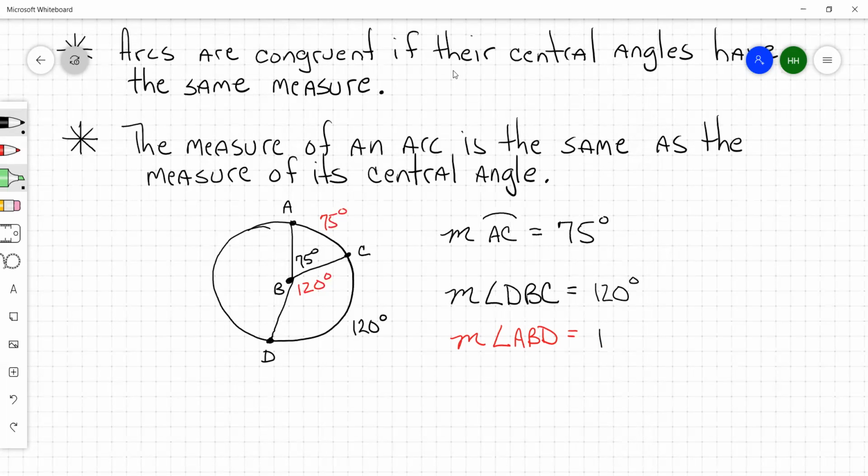Okay, 165 degrees. So then the measure of arc AD, what's that one? Isn't that the same? 165 as well. Okay?